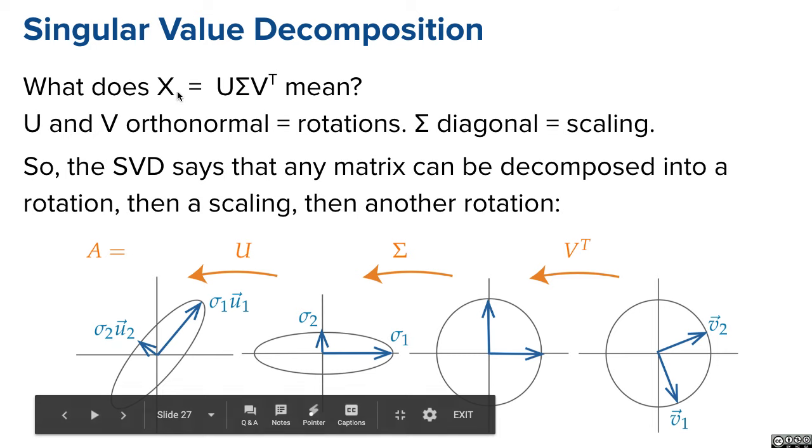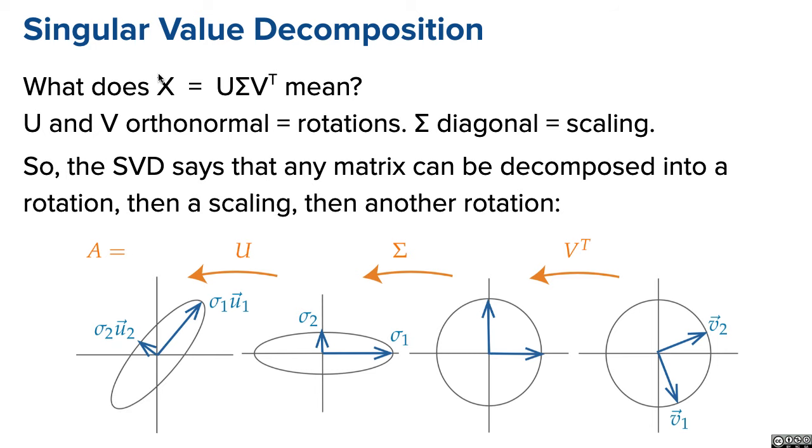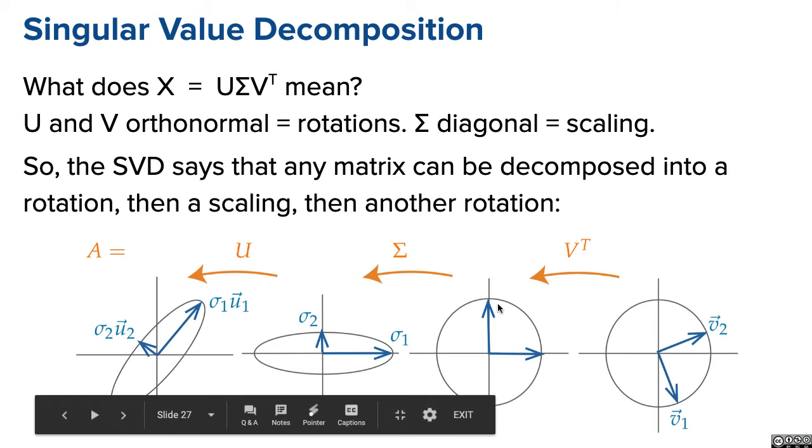So if I take the matrix X and do X times V, where V is a vector, then what this decomposition says is X is going to take that vector, rotate it, scale it, and then rotate it once more.